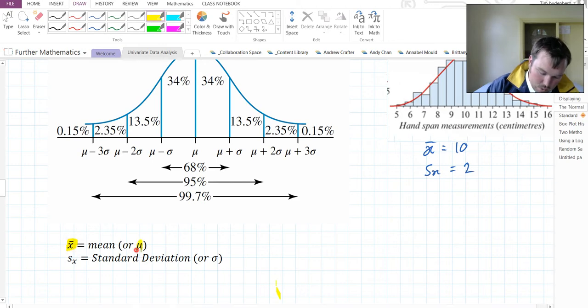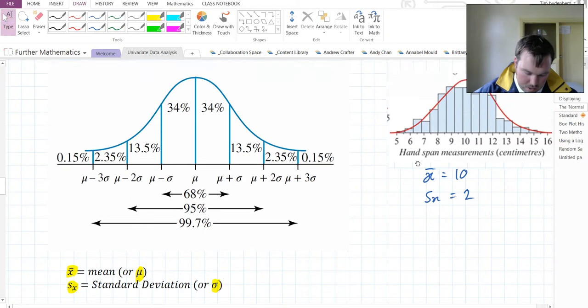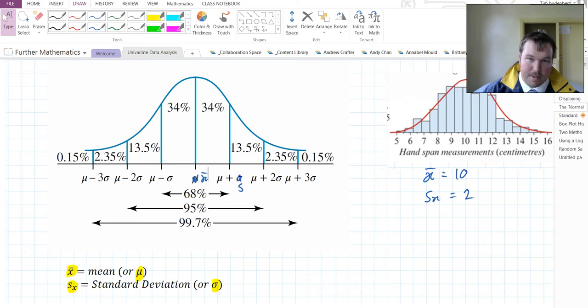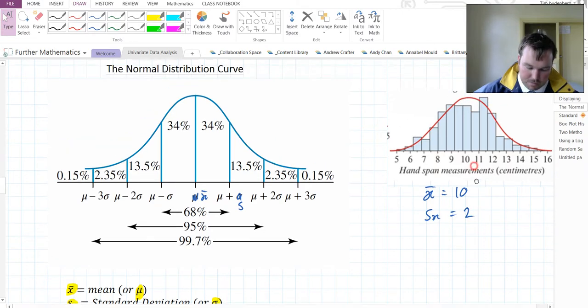X bar or mu is the mean, Sx or sigma is standard deviation. If I were you, I would use X bar here and S there. It's the way we've been doing it, but they do jump in and out, depending on which textbook or which diagram you look at, so it's best you see both. In future, we will use X bar and S far more often.